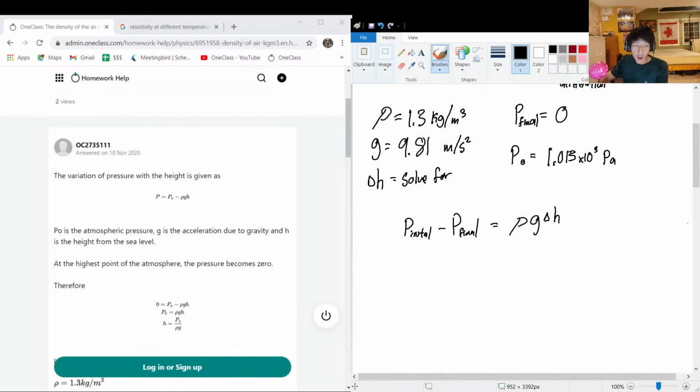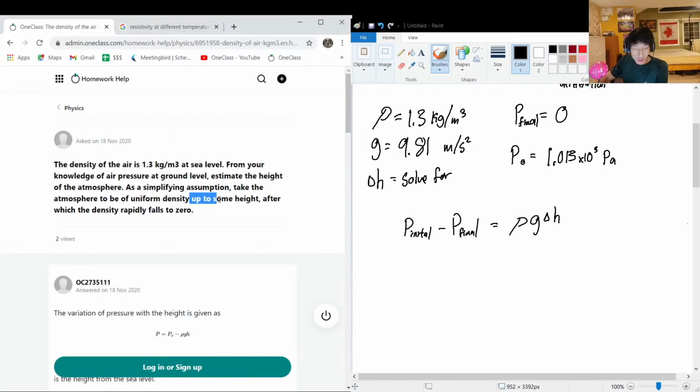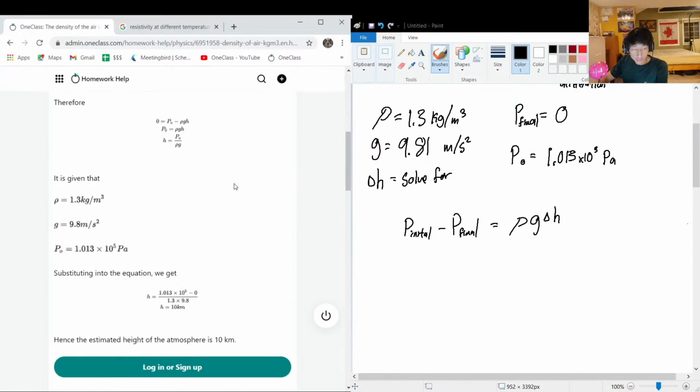We're looking for the height of the atmosphere. So we're going to divide both sides by density and gravity. P initial minus P final over density G is equal to delta H.